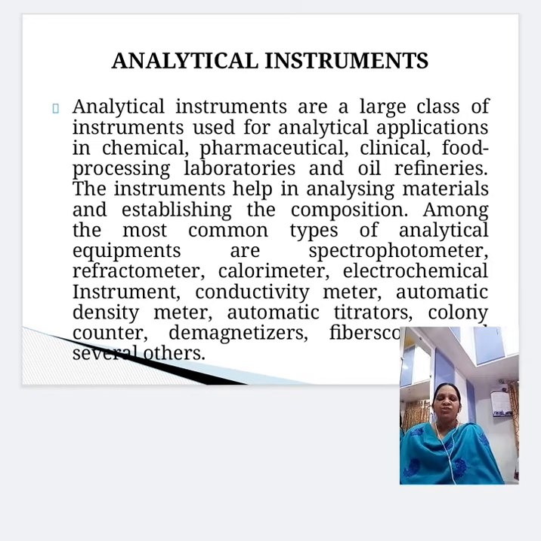There are other commonly used analytical instruments like spectrophotometers, refractometers, calorimeters, electrochemical instruments, conductivity meters, automatic density meters, automatic titrators, colony counters, demagnetizers, chromatographic columns, and fiberscopes. A wide variety of equipment is used.